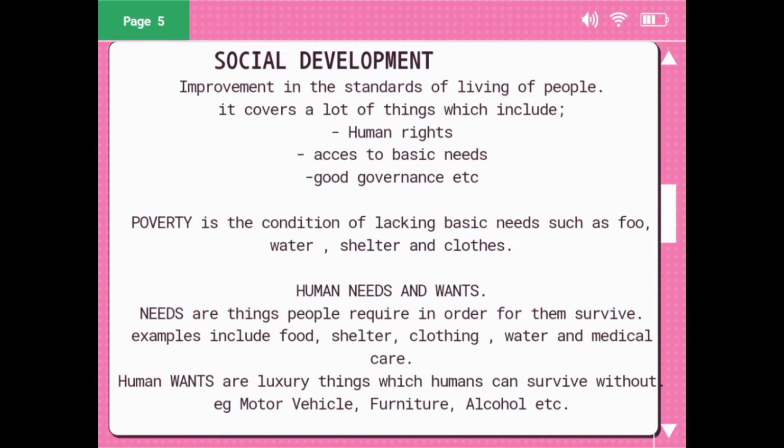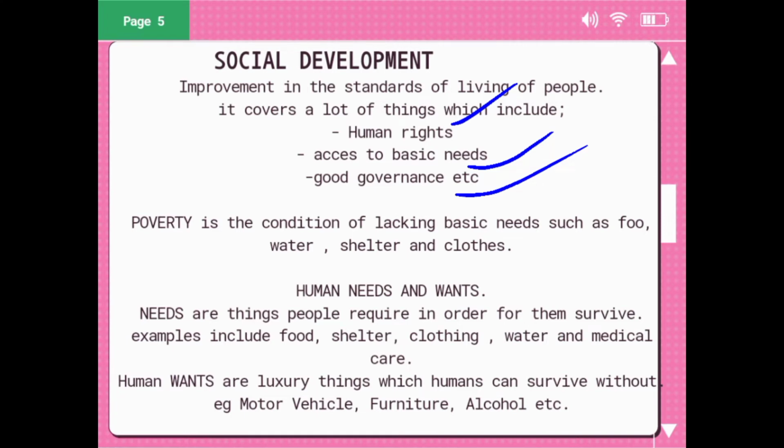It covers a lot of things, which includes human rights. Are people having access to human rights? Are they enjoying their claims and freedoms in the country? That is social development. Access to basic needs. Good governance. This is referred to as social development.